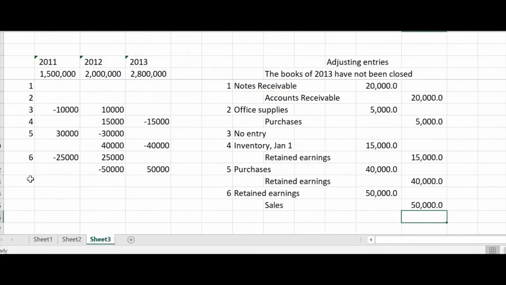Yung effect ng error, understatement of net income is 10,000. Bakit 10,000? Kasi 15,000 yun siya, na-expense mo at 15,000 entirely, pero dapat may expense din for 2011 na 5,000. So, 10,000 lang yung understatement ng net income kasi yung overstatement na expense is 10,000 lang.